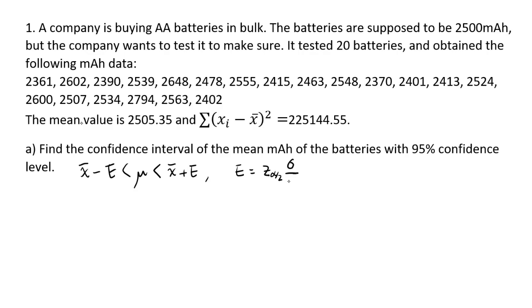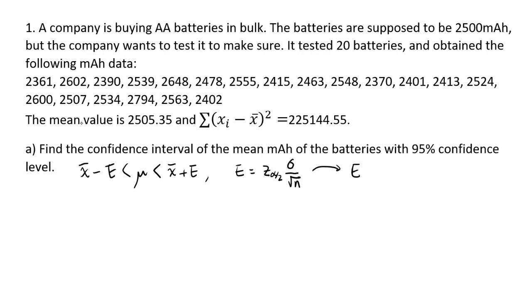Let me write down the general formula and then modify it. This is the error bound if the population standard deviation sigma is known. But in our case, the population sigma is not given, so we can't use this formula.